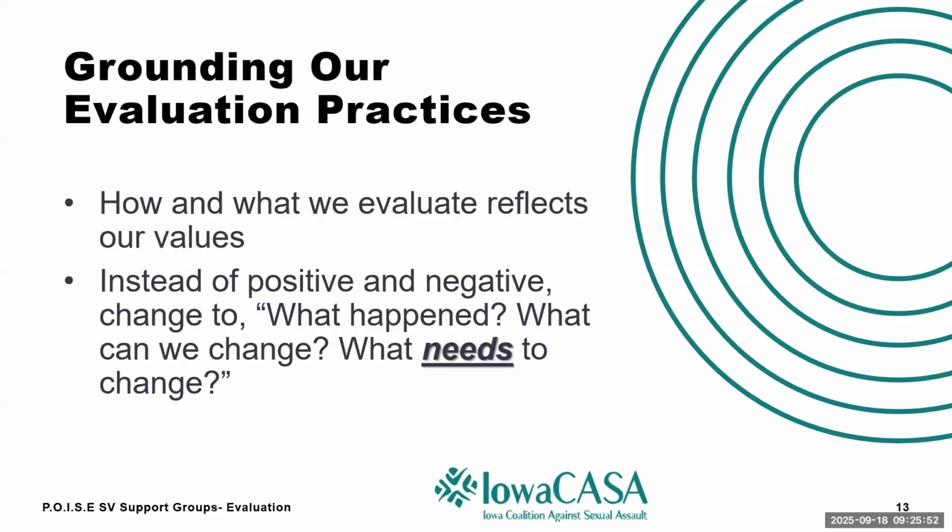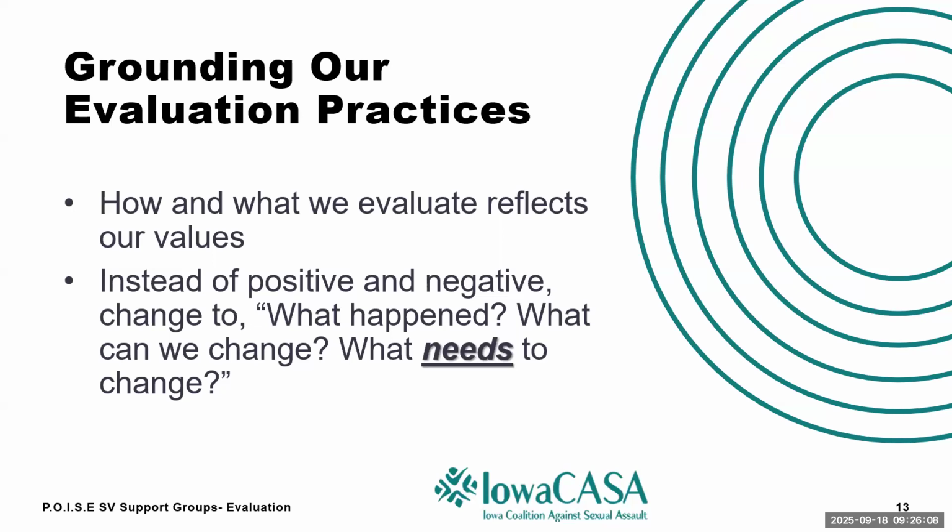If we really want our evaluations to go beyond our grant reporting and what's required there, then we have to have a comprehensive view of whatever it is that we're trying to assess. We also really have to be grounded in the why we're evaluating, right?